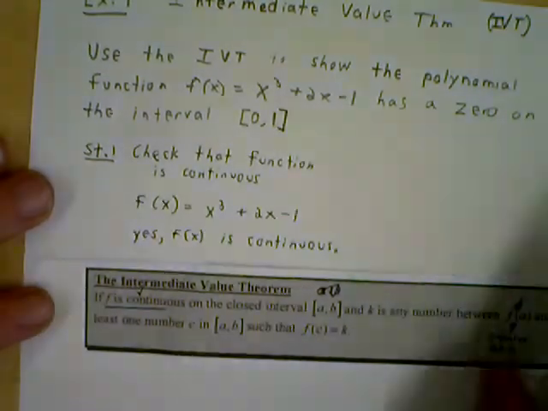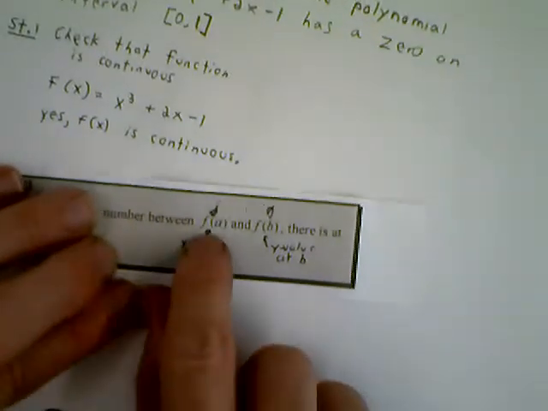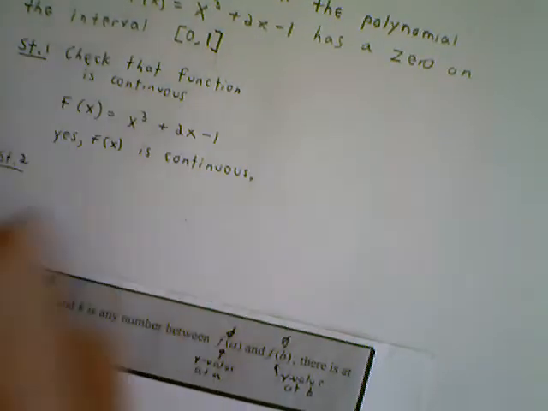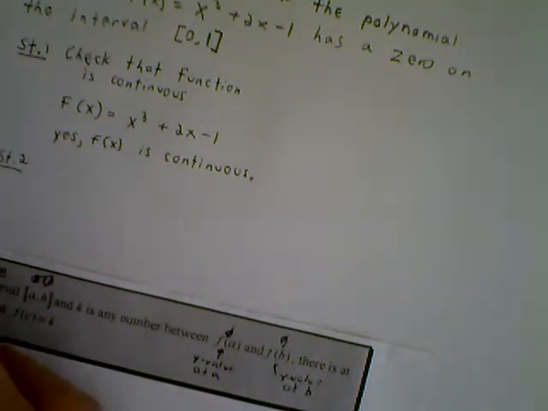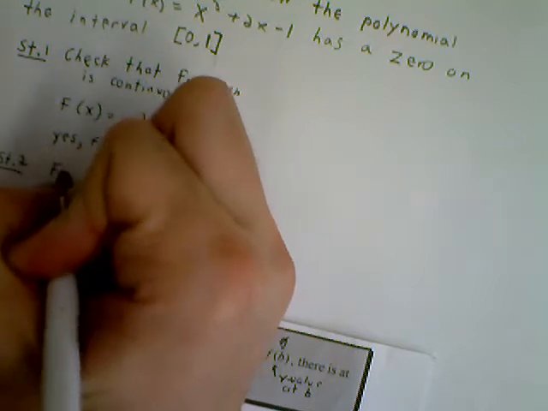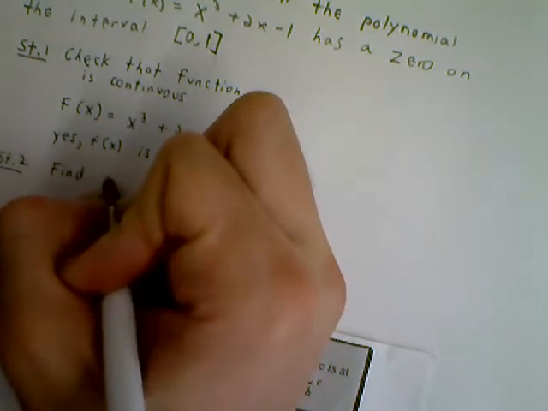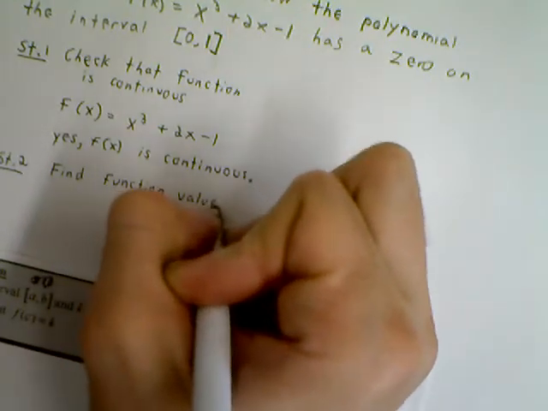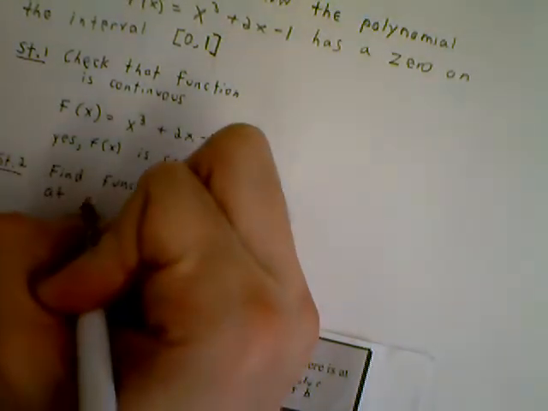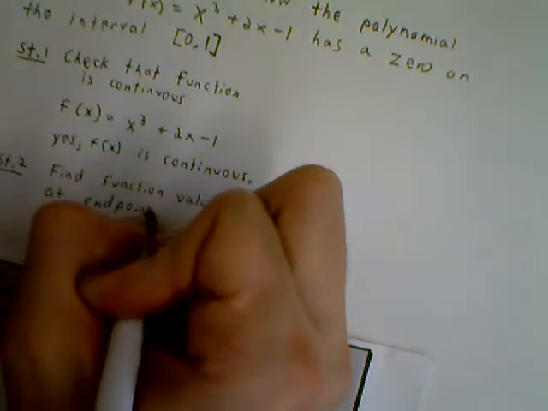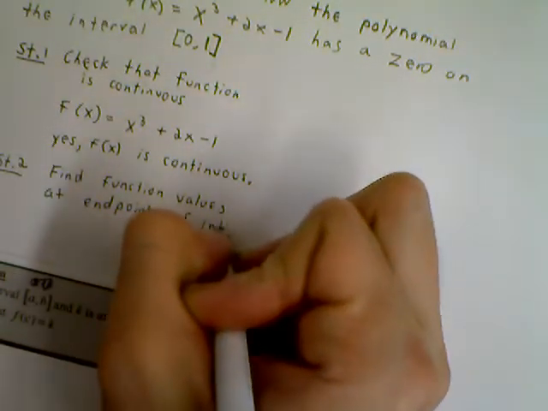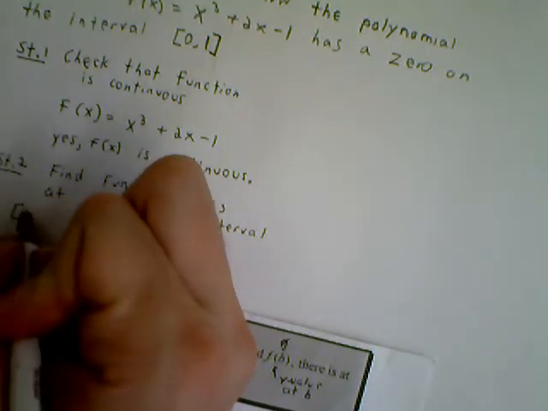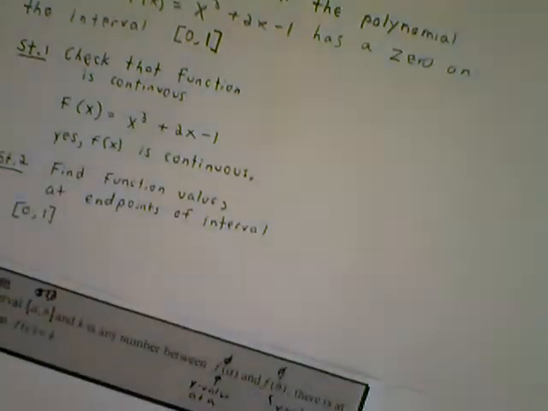All right, second, we've got to check that we actually have y values here. So we're going to find the function values at the endpoints of our interval, so I have [0, 1], and it's closed.